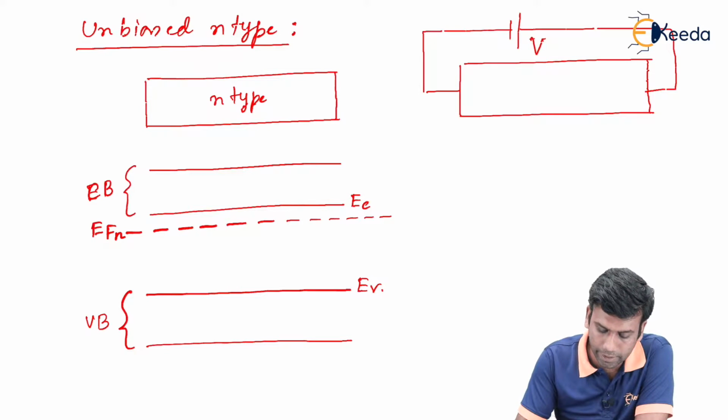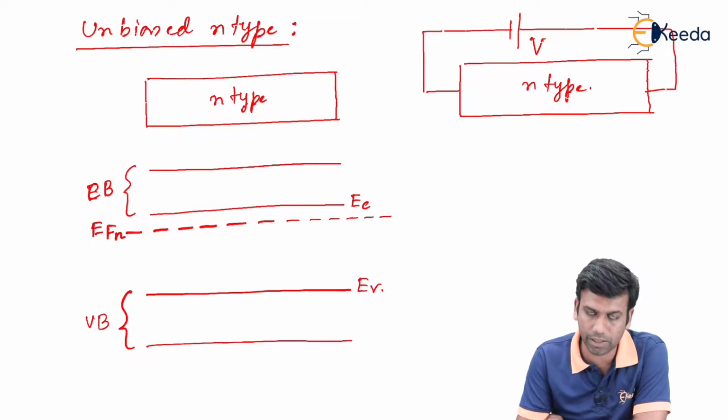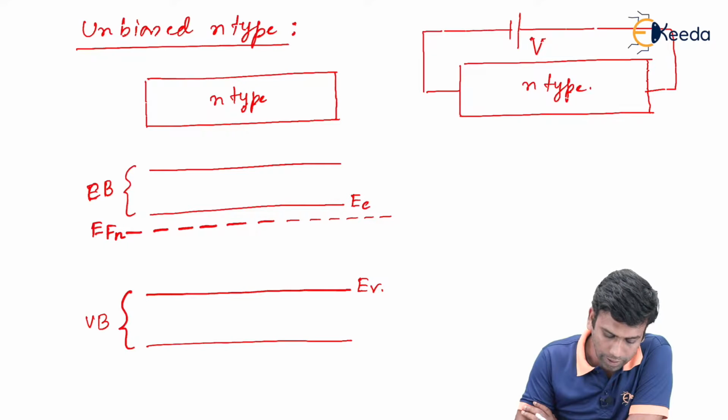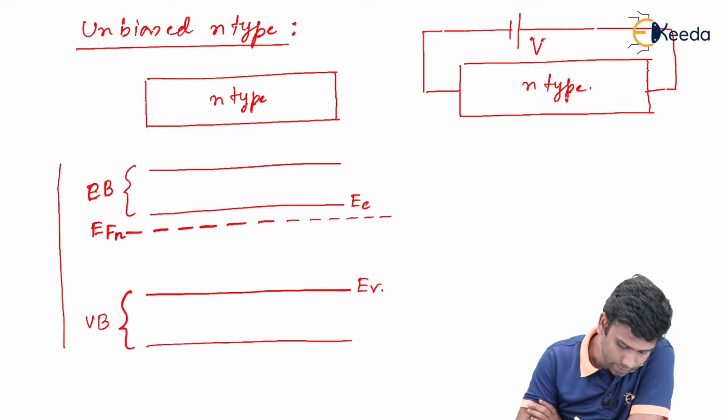Now if we apply a bias according to the question, this is the diagram of the question where an external voltage has been applied in this direction. Now in the band diagram, this y-axis denotes the energy of the electron.